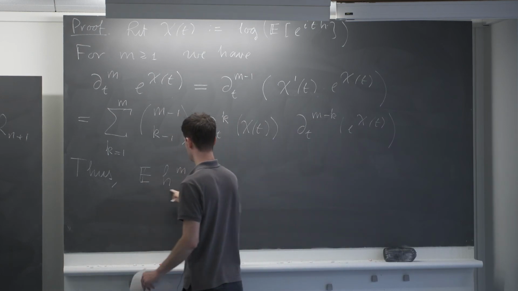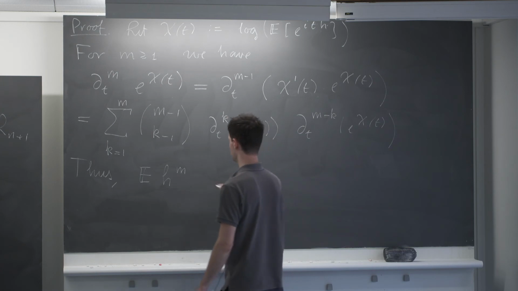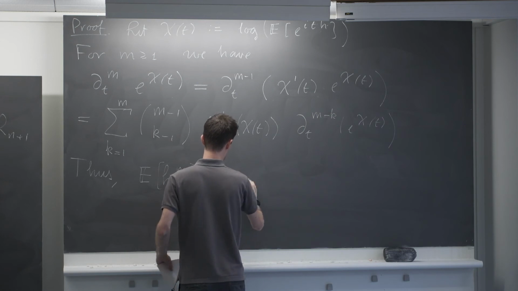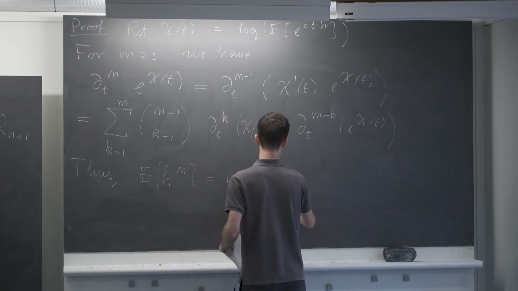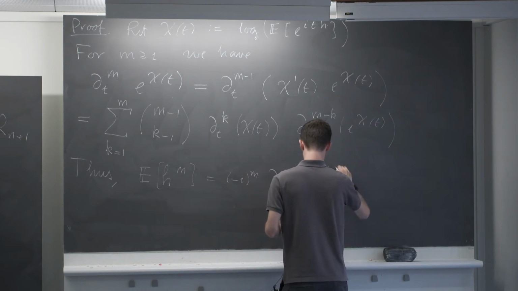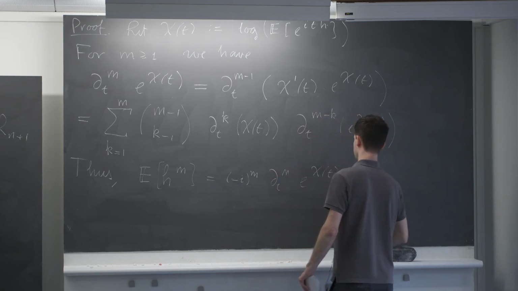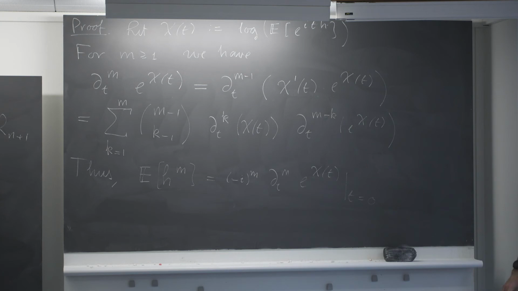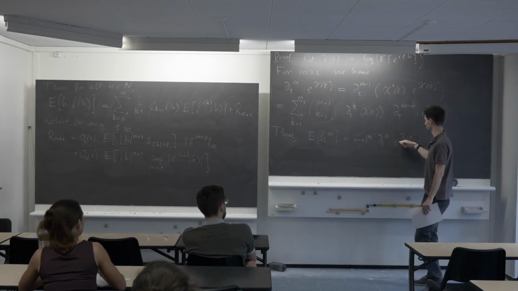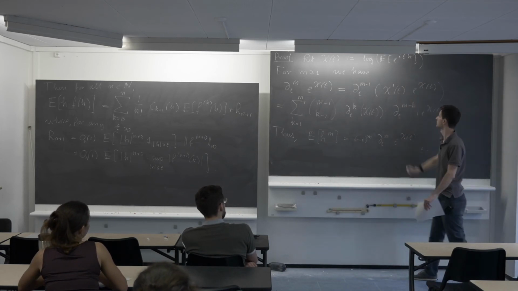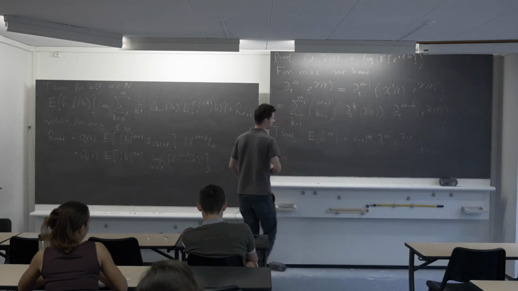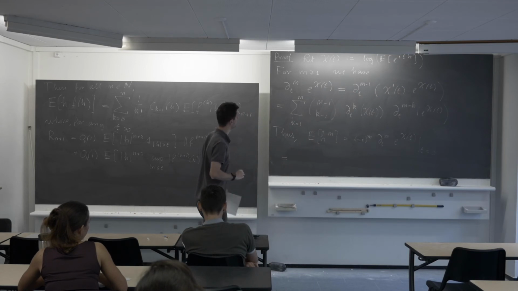So I can write the mth moment of h as we discussed. This is just by definition, right? This thing was the logarithm of the expectation. If I take the exponential of that, then I just have this guy, and that clearly gives me the mth moment. And now I can plug in my formula.